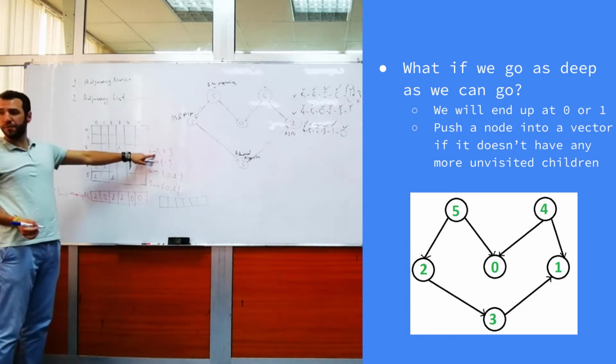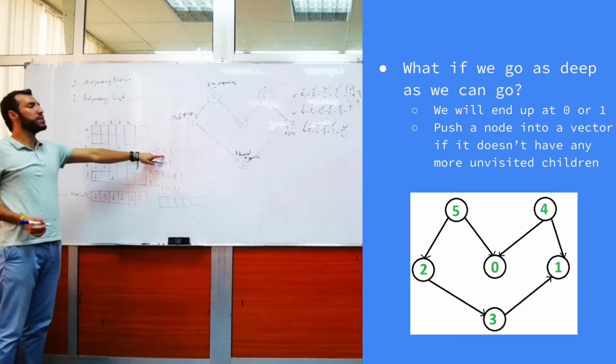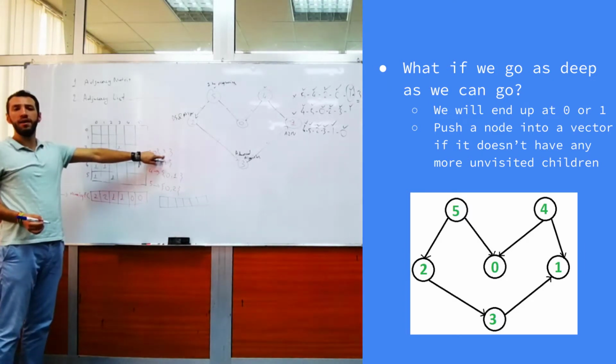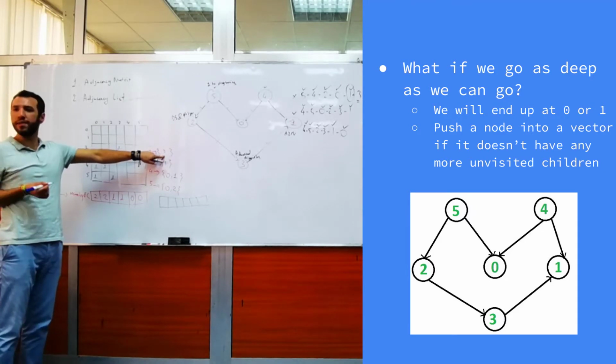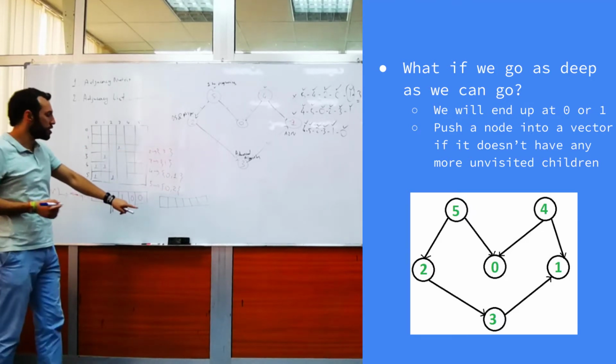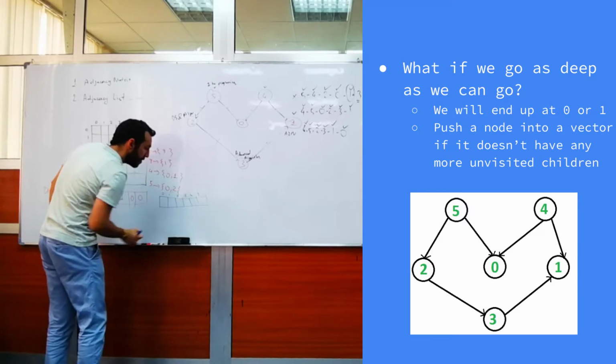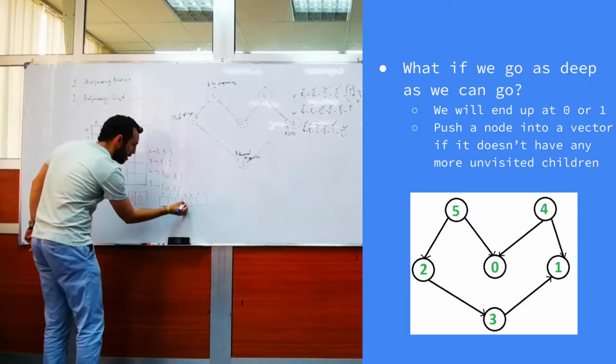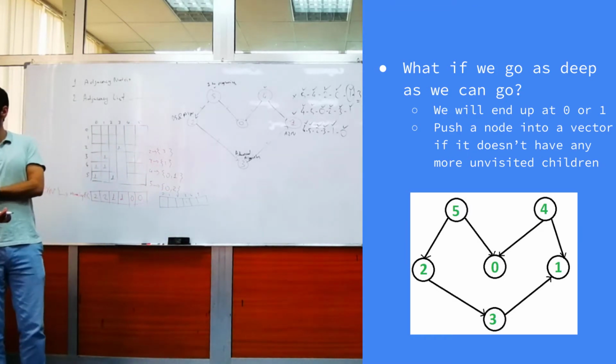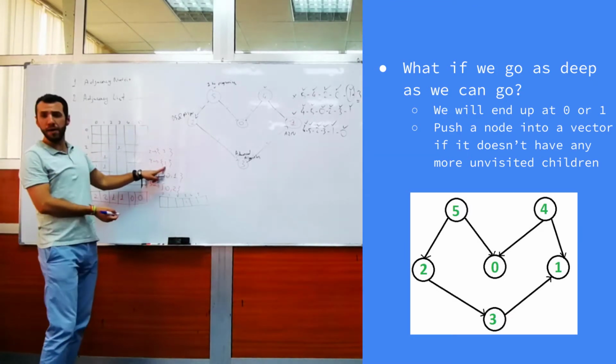Let's say we started from this, right? Once we see 3 here, what does it mean? There is an incoming edge for 3, right? I can just go to the corresponding cell and increase it by 1. So I'm going to make this 1 because there is an incoming edge for 3. And then I process this one.